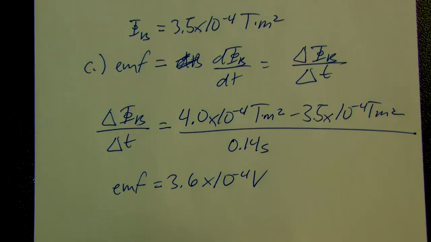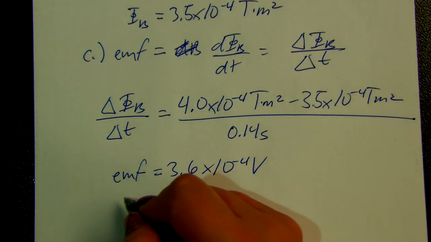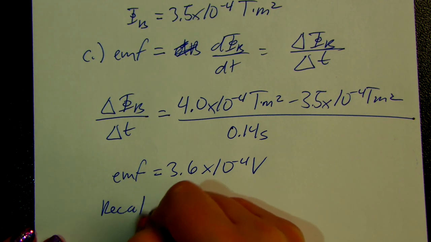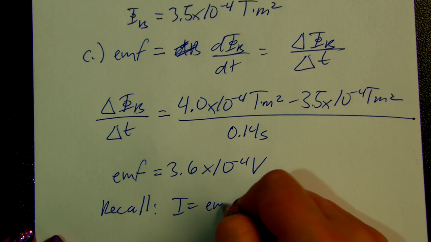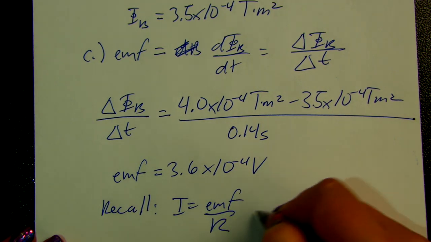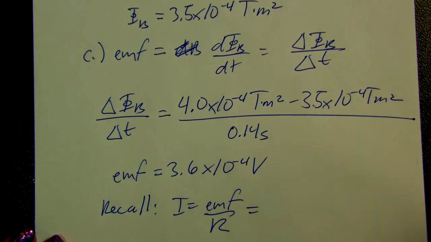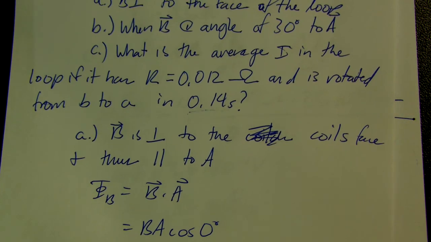And if you recall, what we're after is current. Current is equal to EMF over R, and we were given the resistance in the problem, 0.012 ohms.